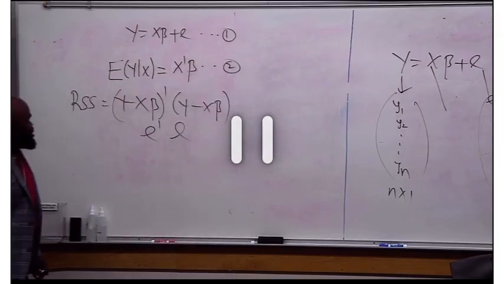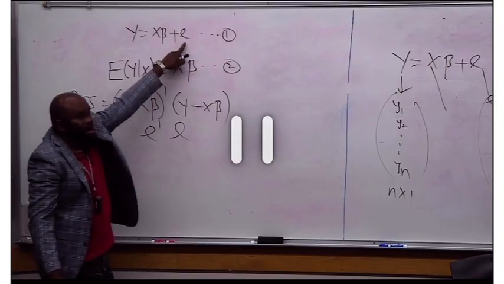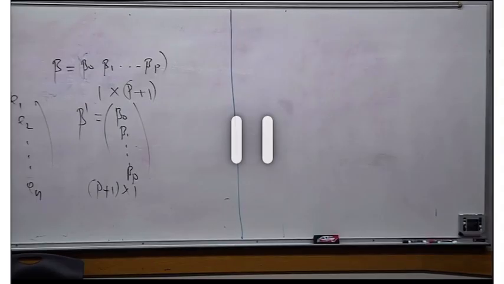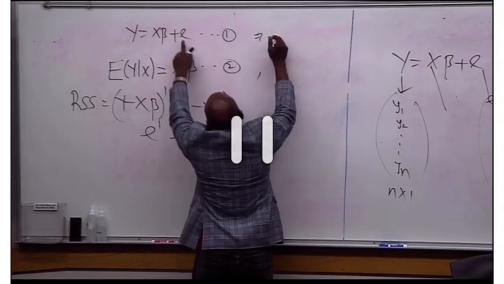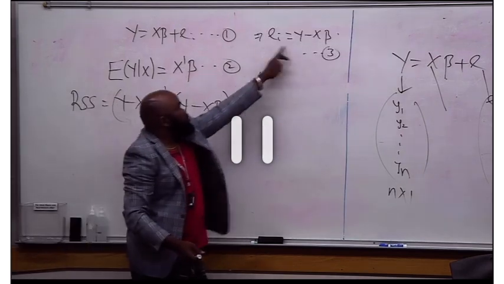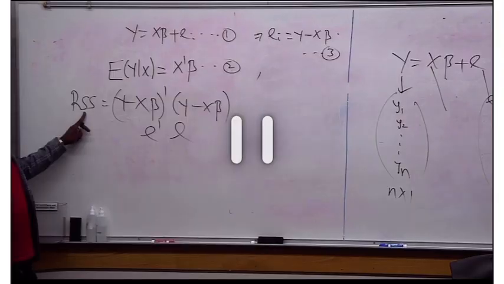This is the error. And if the error equals that, then my residual sum of squares is going to be error prime error, error transpose error, which is going to be this and this. Now, if I have this and this, I'm going to expand it. The way I'm going to expand it: y transpose y.